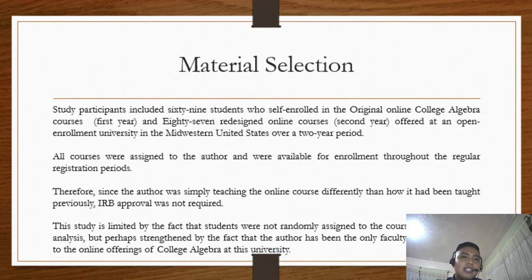This study is limited by the fact that students were not randomly assigned to the courses included in the analysis, but perhaps strengthened by the fact that the author has been the only faculty member assigned to the online offerings of college algebra at the university.